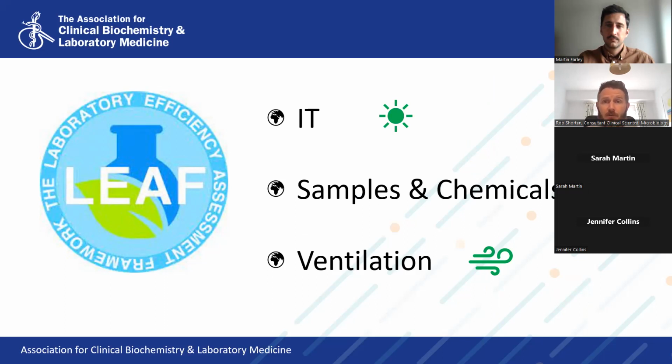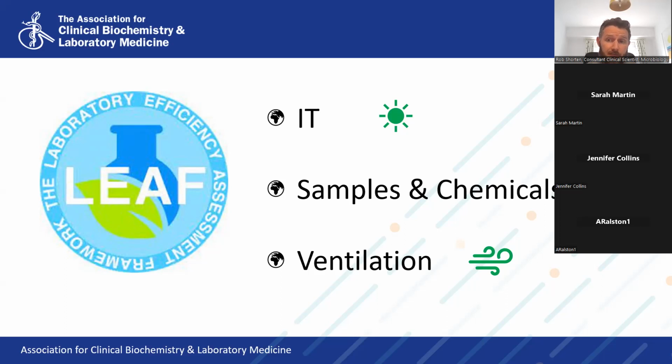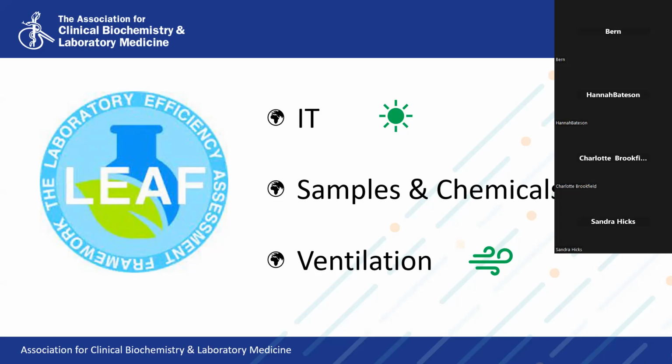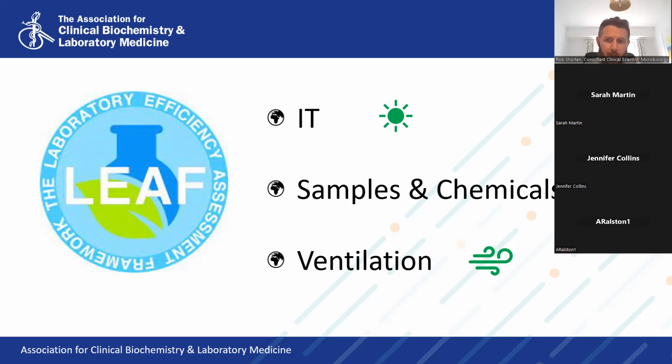If we do have a surplus, we have relationships with other labs in our network where we can move stocks around if need be. The ventilation in our estate is very old and very poor. Heating's terrible, ventilation's bad. There's very little we can do about that. But things like safety cabinets and fume cabinets, we have signage on them, which basically means that when we don't need them anymore, they're powered down safely. Again, it's the small things ticking off.